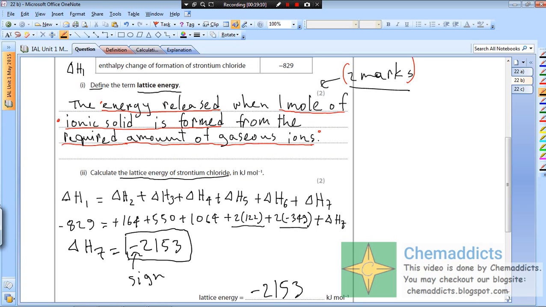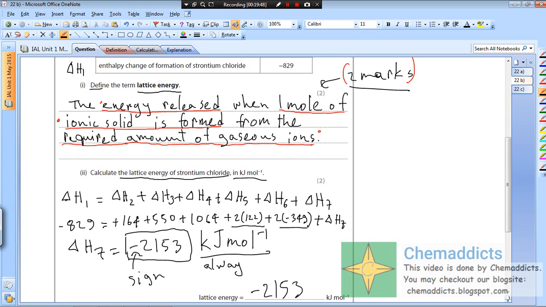So fellas, I hope that you have understood the question as well as the answer. Oh, there is one thing that we need to mention: in here the unit is also important. If they state the unit, it is good practice to always mention the unit at the end of the calculation. Always mention the unit over here.